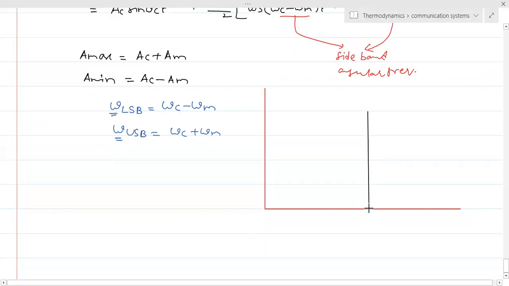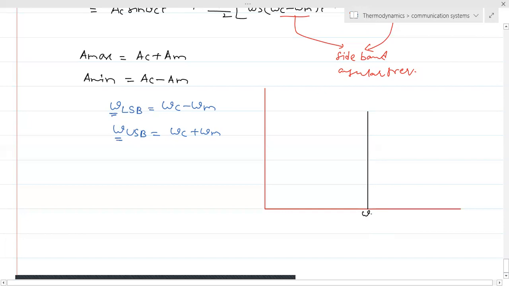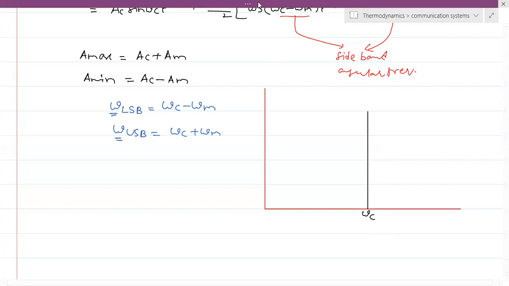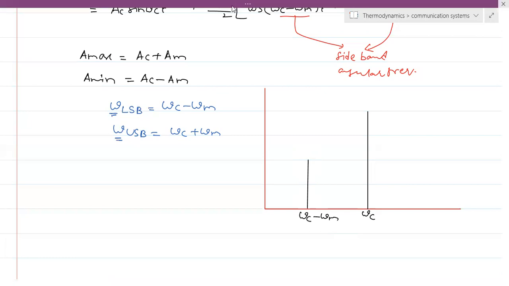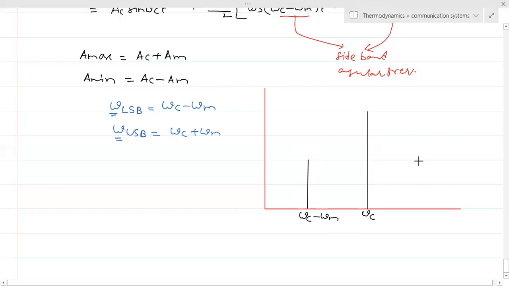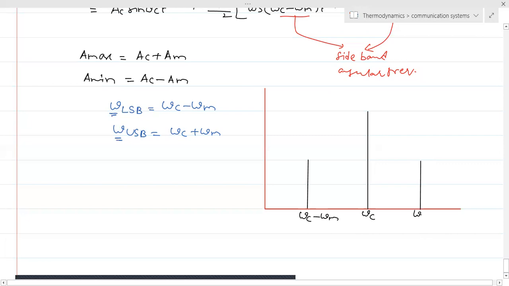Suppose I am taking this will be the omega of carrier wave, and this is omega C minus omega M, and this is omega C plus omega M. So that means on the x-axis we are taking angular frequencies, on the y-axis we are taking amplitudes.